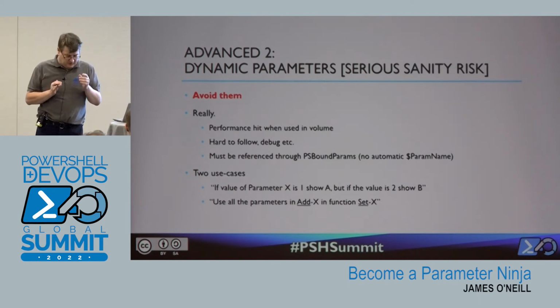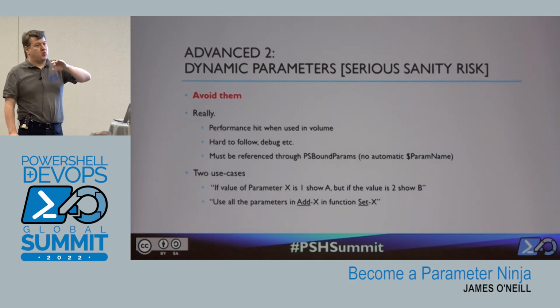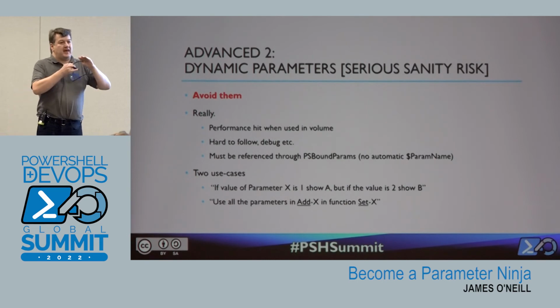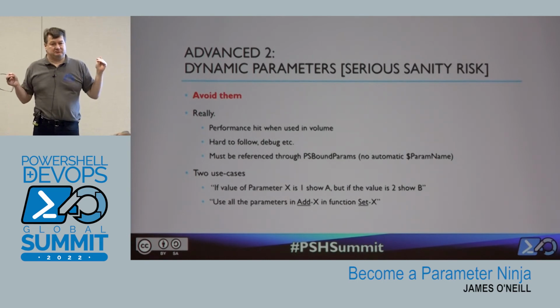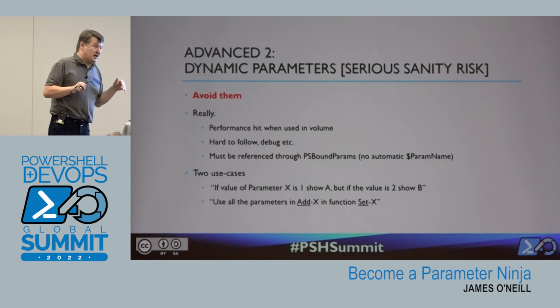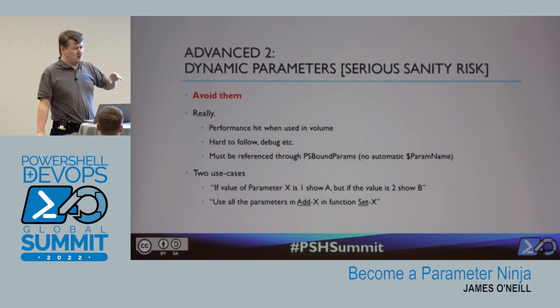The downside on dynamic parameters is twofold. The first is when you go and ask PowerShell for a list of available commands, it expands the available parameters. And if you have dynamic parameters, it goes and figures out what the dynamic parameters are. I did some work with somebody else's module because their performance had got really, really horrible.